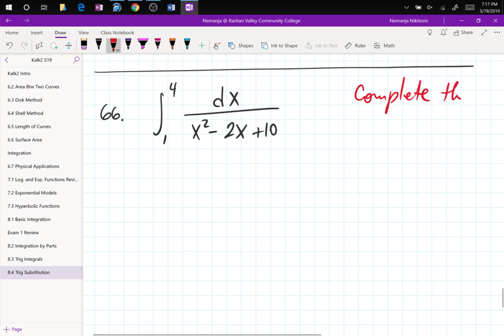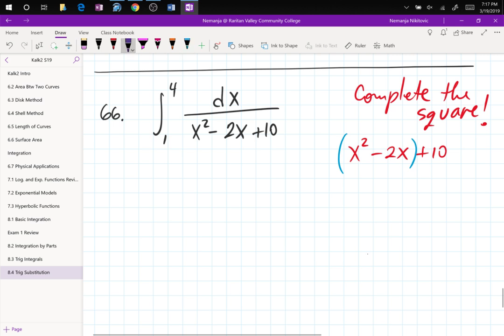So, complete the square. Just square the middle and divide by 2. So x squared minus 2x plus 10. We are going to group the first two.